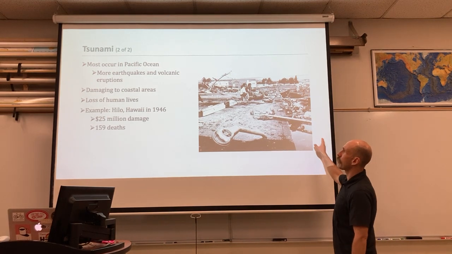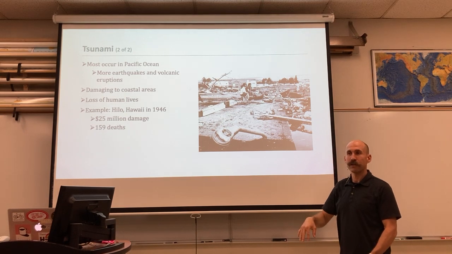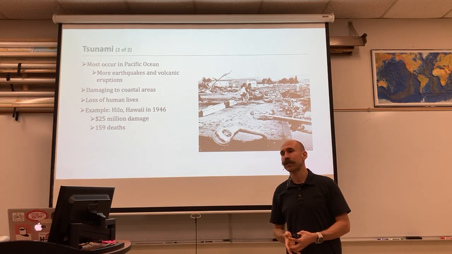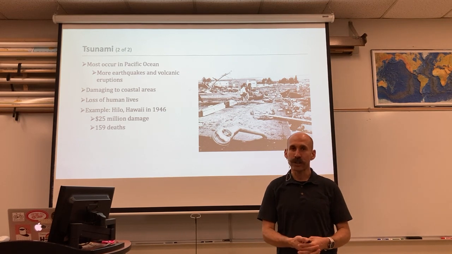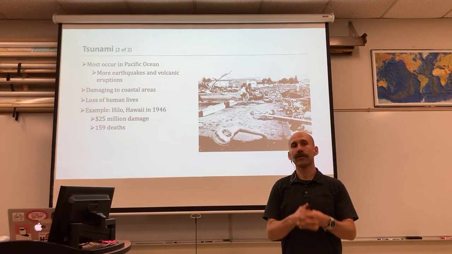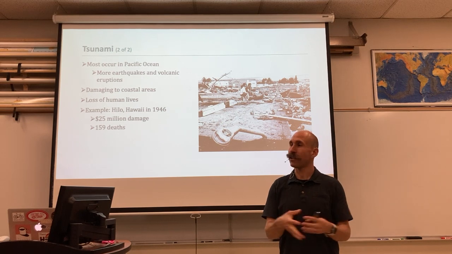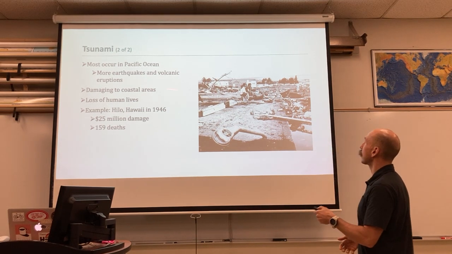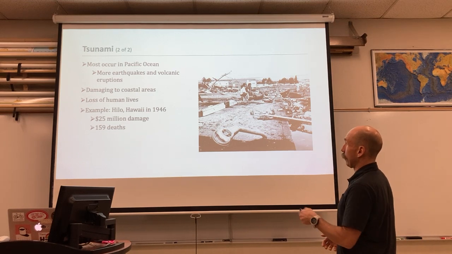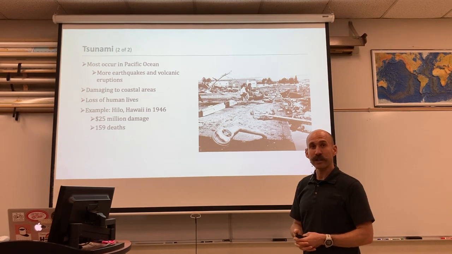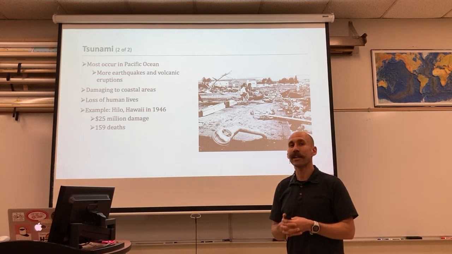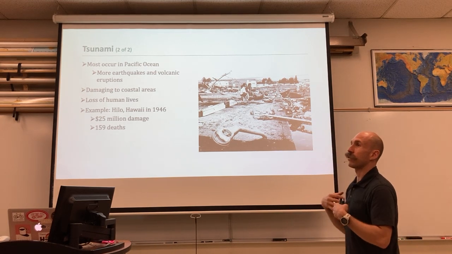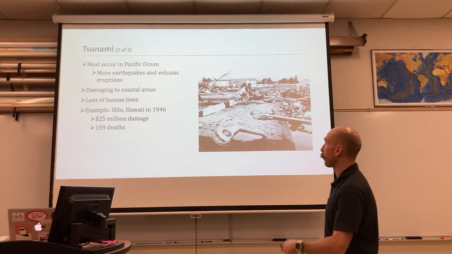Most tsunamis happen around the Pacific Ocean, the Pacific Ring of Fire, the tectonically active region where there are lots of subduction zones and lots of associated seismic activity, lots of earthquakes, and lots of coastline around the Pacific Ocean in the direction of where tsunamis can hit.